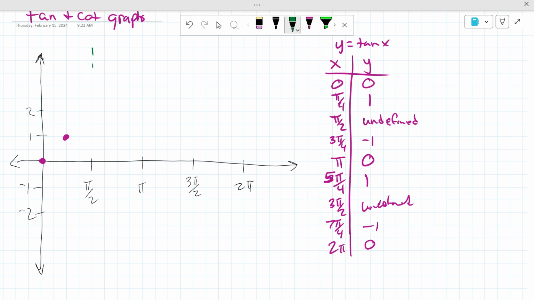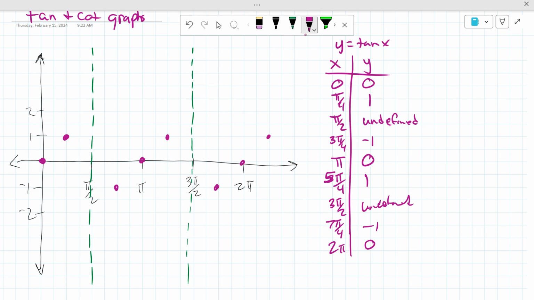Asymptote. Okay, and then 3 pi over 4 is negative 1. 5 pi over 4 is 1. 3 pi over 2, we have an asymptote. Then we're at negative 1, 0.